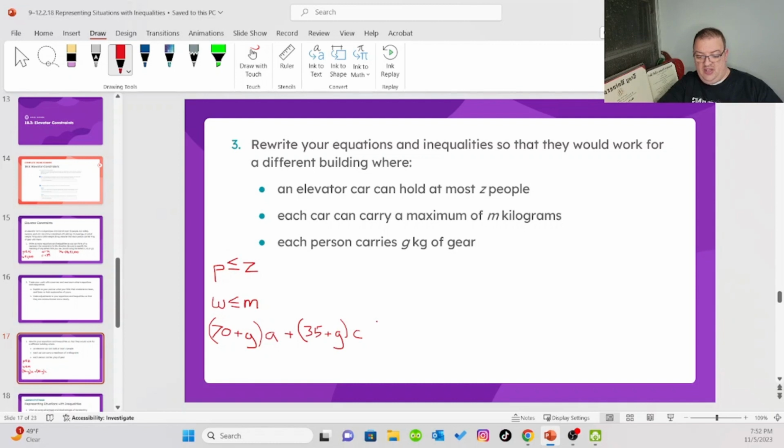And now that needs to be less than or equal to M. So these could be the equations and inequalities that would work for this other building.